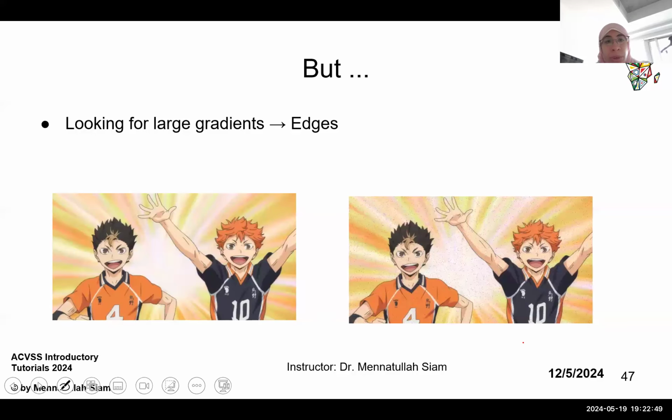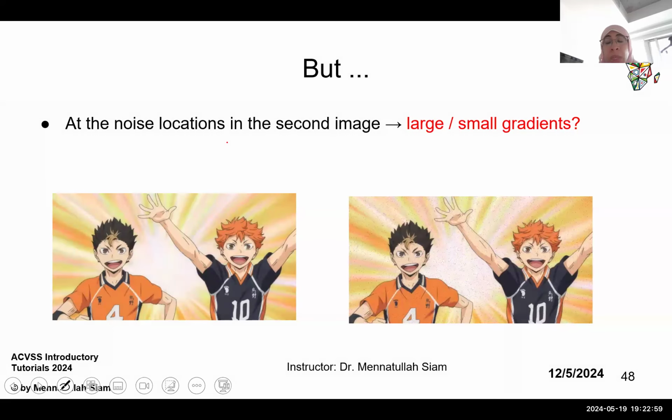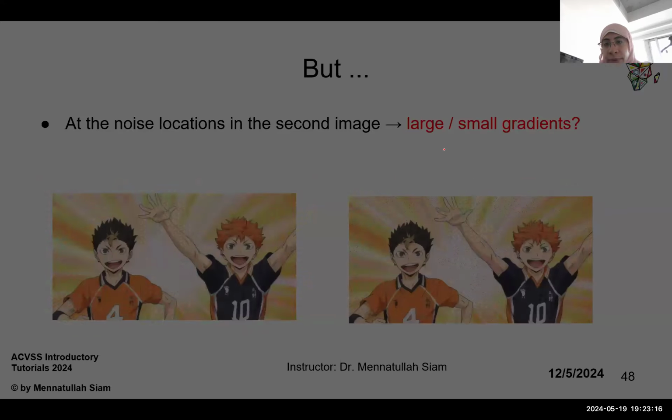If I'm trying to look for the places where there are edges, I can just look for the places where there are large variations, so large gradients. Gradient is the rate of change, in both the x and the y. But the problem is that if you have noise, let's say here I have this salt and pepper noise, it will also correspond to large gradients.